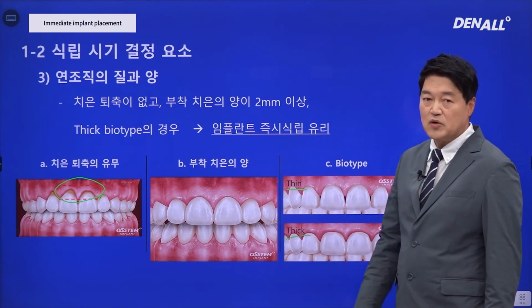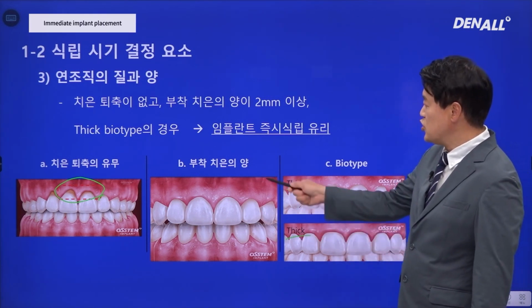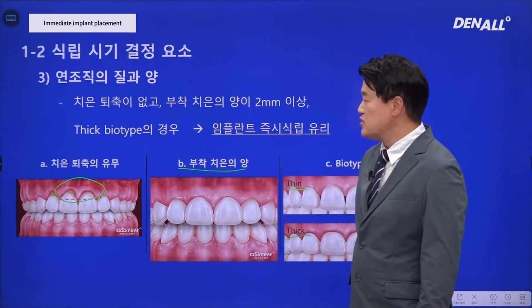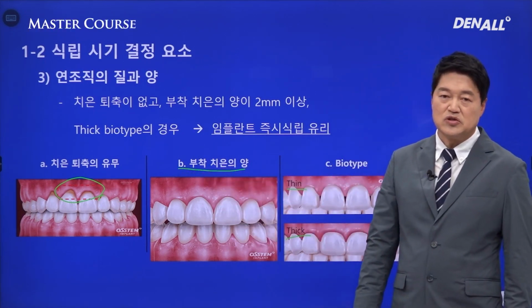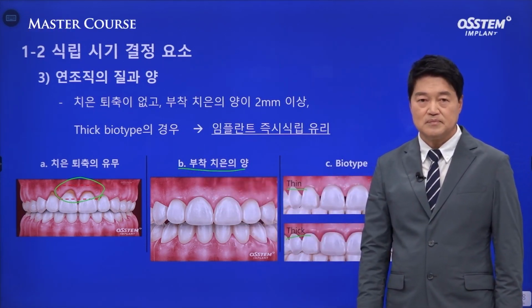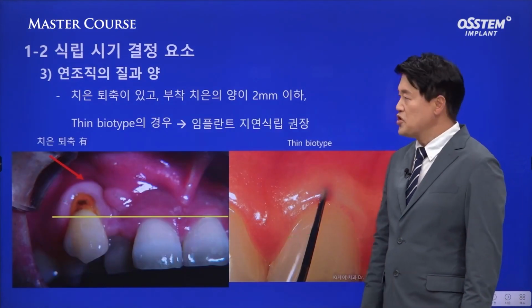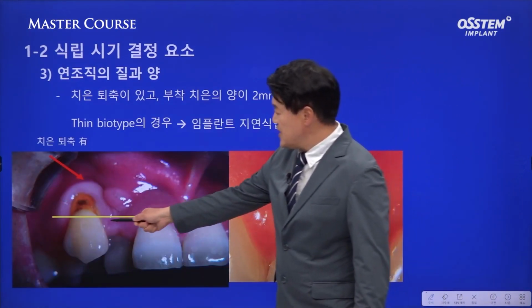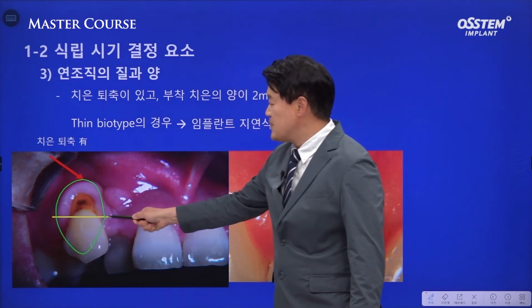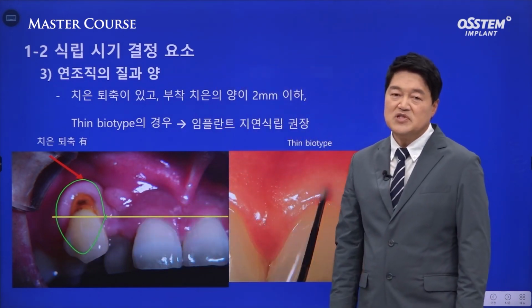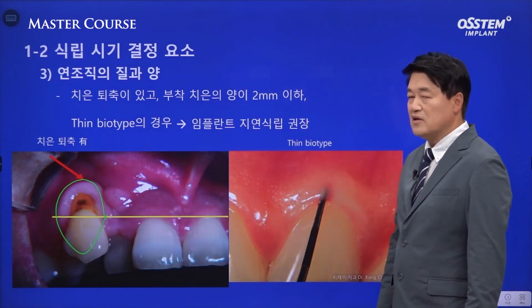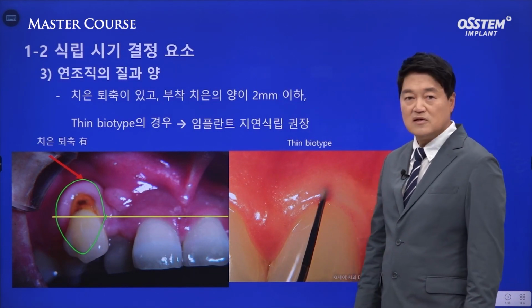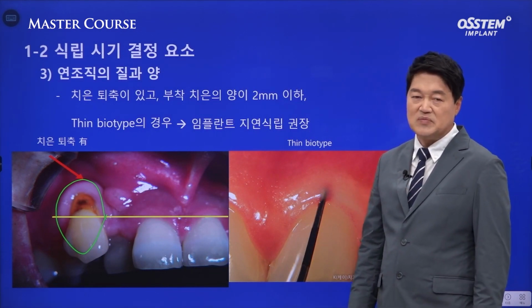Thick biotype would be considered indication. If there's sufficient keratinized tissue, then it would be indication for immediate implant placement. As you can see, if there's a severe soft tissue atrophy, if you do immediate implant placement, unaesthetic results can be expected. Therefore, we need to wait after extraction.